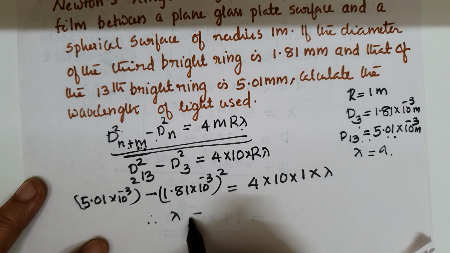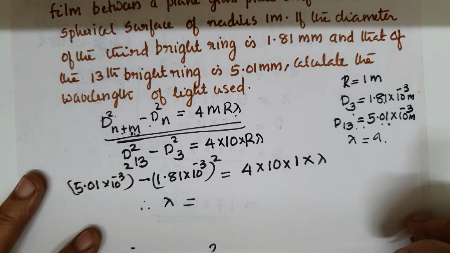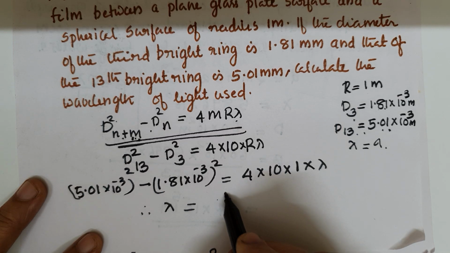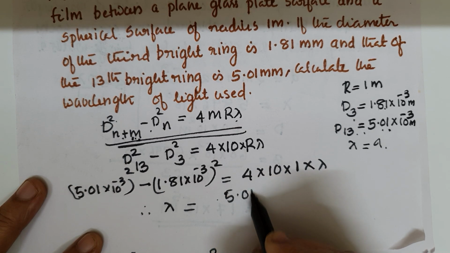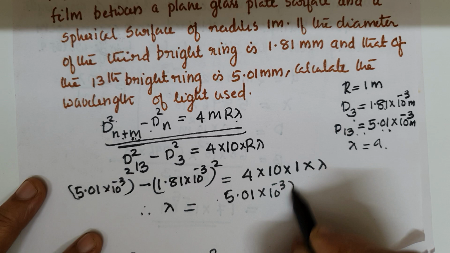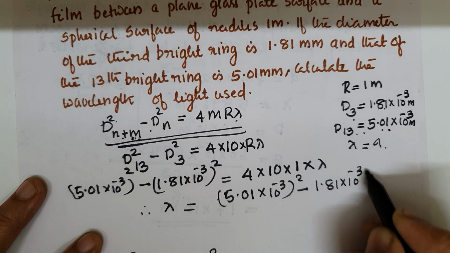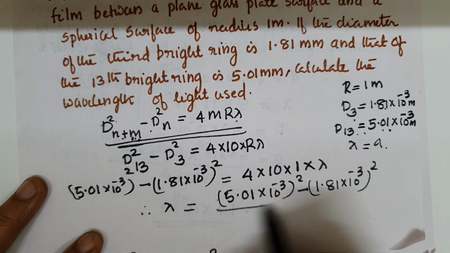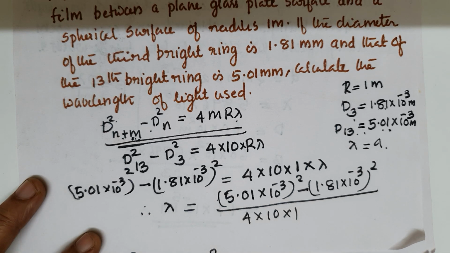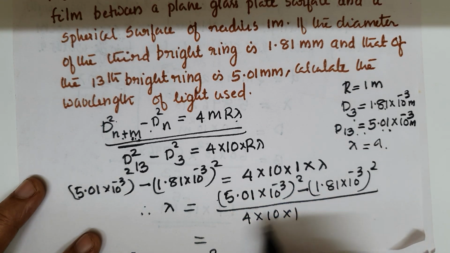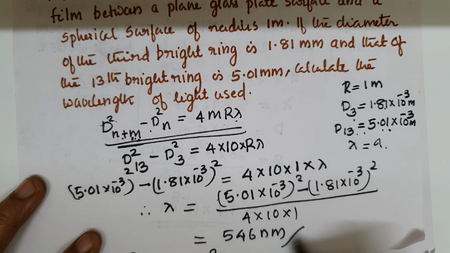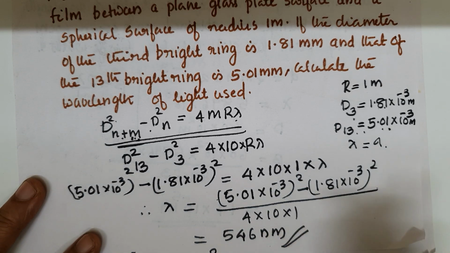Therefore lambda is the whole divided by 4 into 10 into 1. This will give the value of lambda as about 546 nanometer, 546 into 10 raised to minus 9 meter.